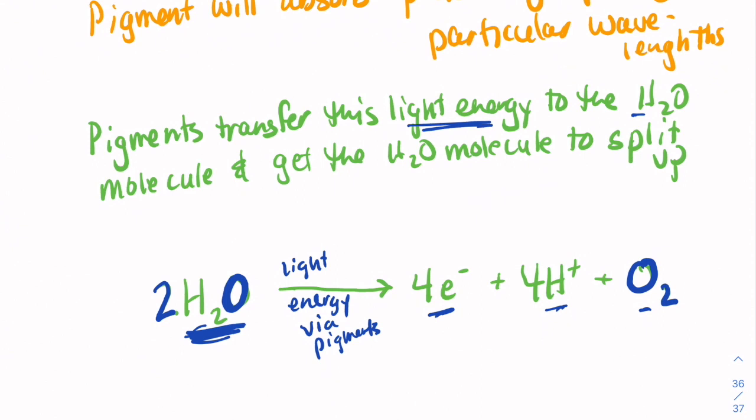Okay, so we've got these two water molecules that get split up to produce 4 electrons and 4 protons. These protons get pumped across the inner membrane of the chloroplast and end up doing their funky chemiosmosis diffusion dance thing. It sets up a concentration gradient that's not stable.